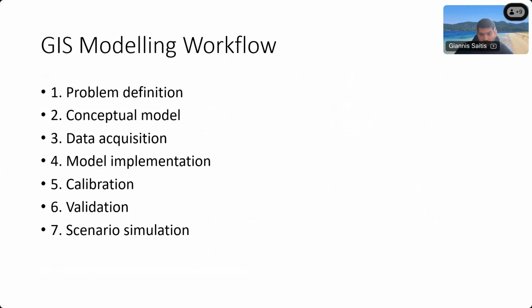All good and nice, with the models and all of these things that we talked about. But when you are building a model from scratch, you will have to think about it. First of all, you have to define the problem. What is the thing that I need to solve or to answer?